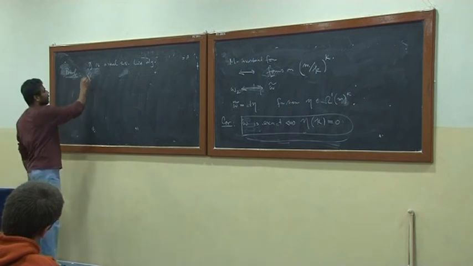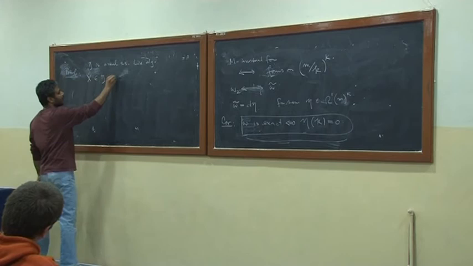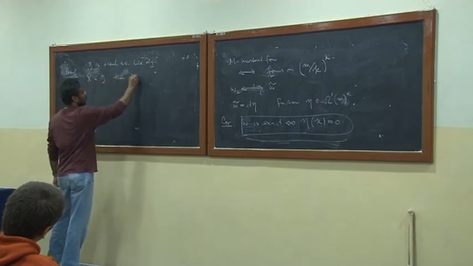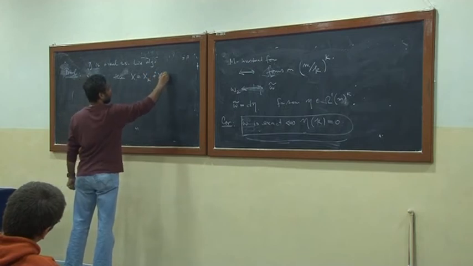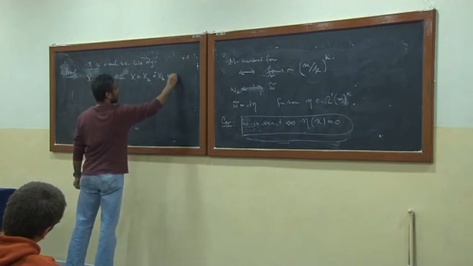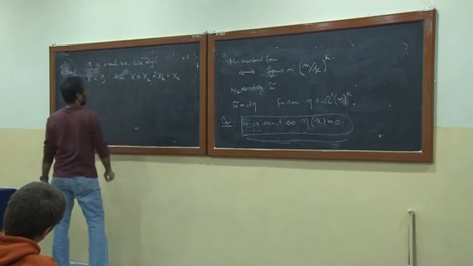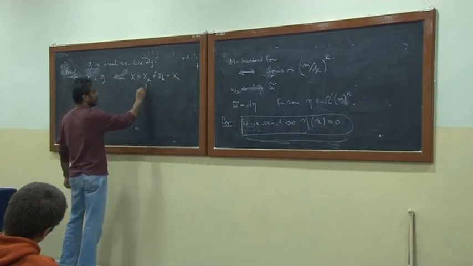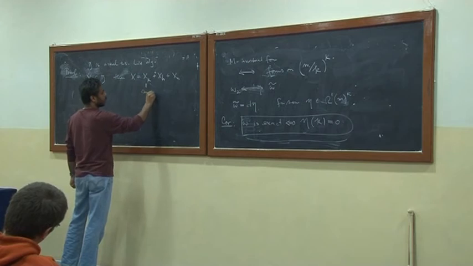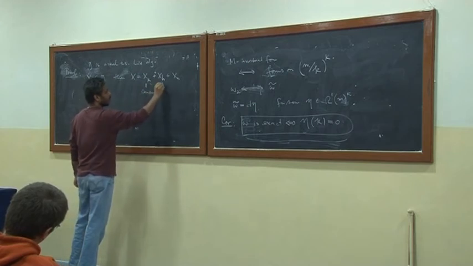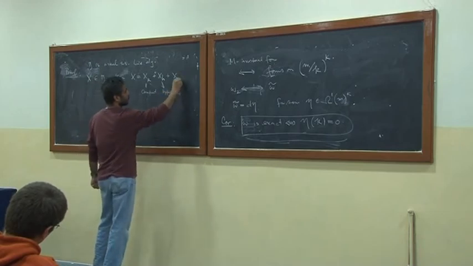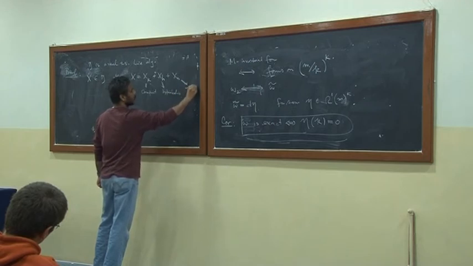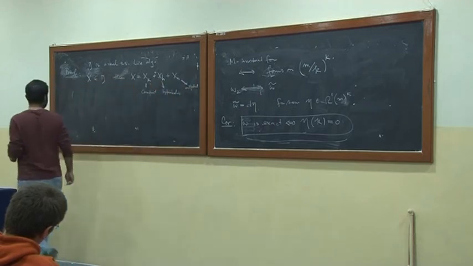So take X to be in G, then X has this complete Jordan decomposition, x_k plus x_h plus x_n. K is compact. This is hyperbolic. And they all mutually commute.